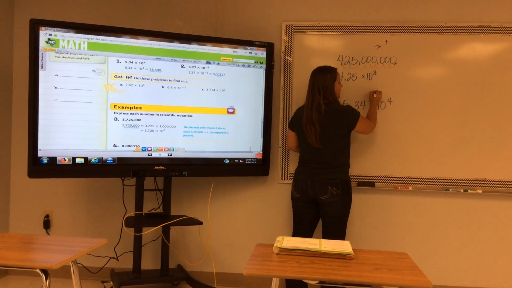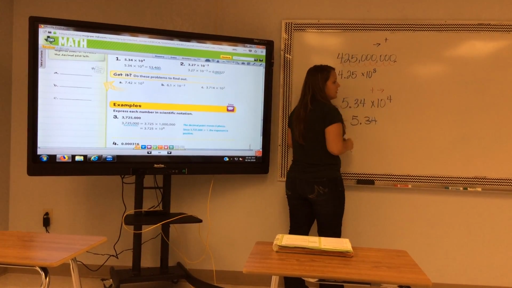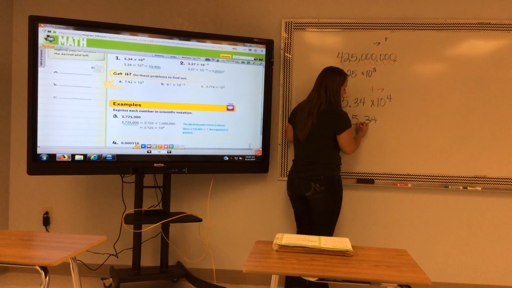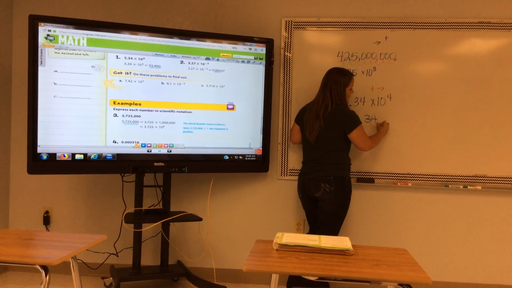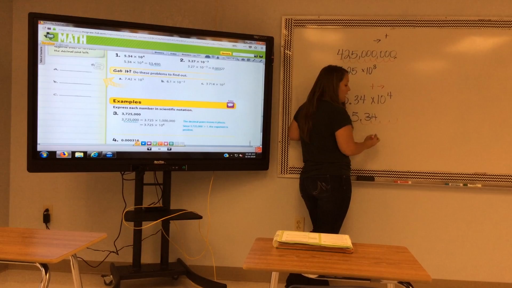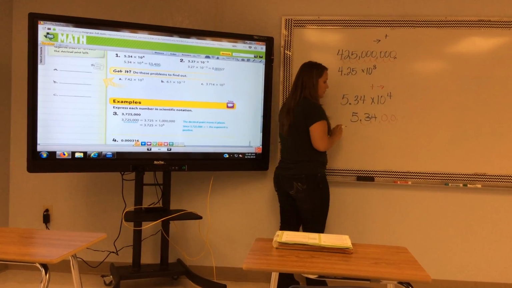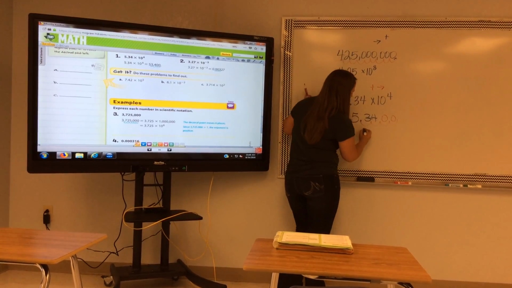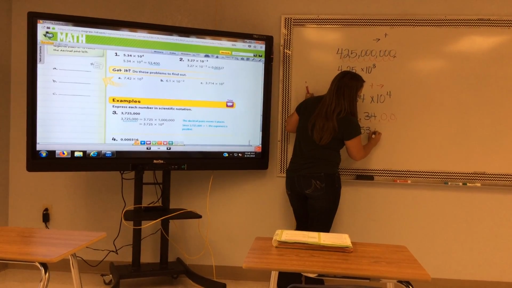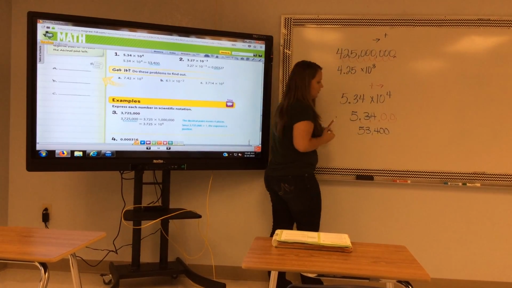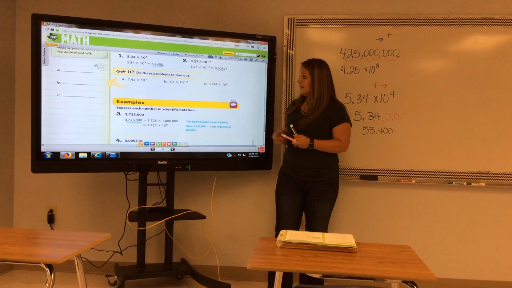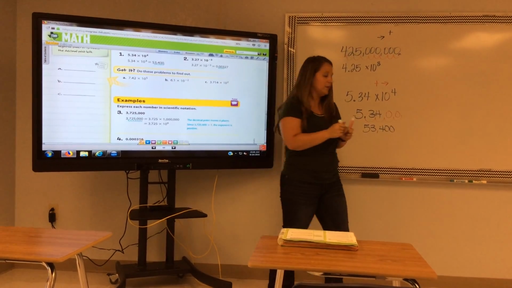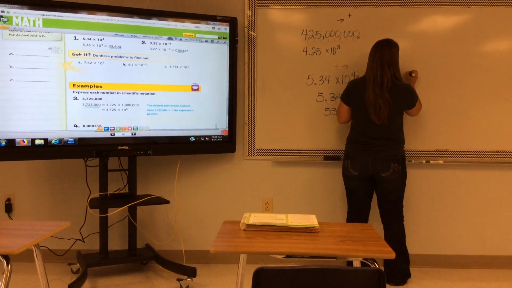So since it's positive 4, you're going to move it to the right 4 times. So from here it goes 1, 2, 3, 4, and you're just going to fill in with zeros. So your new answer is 53,400.